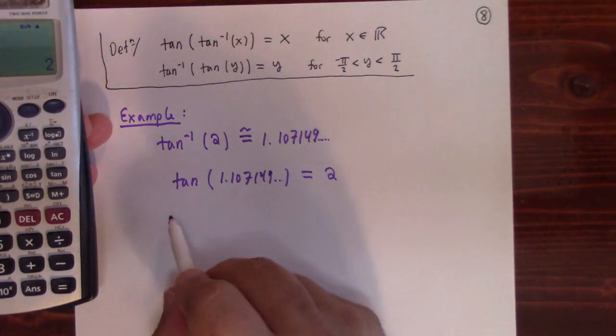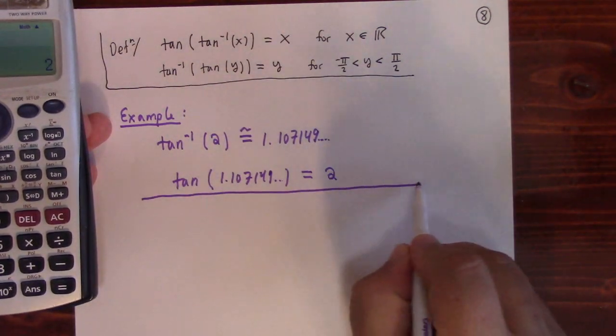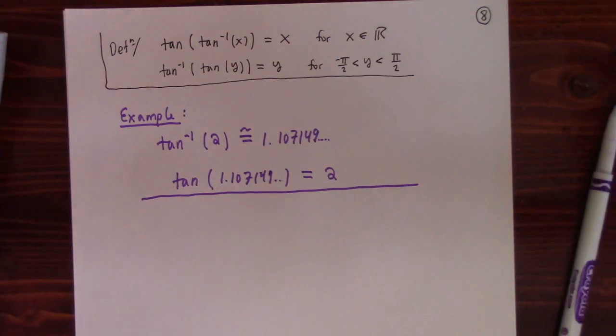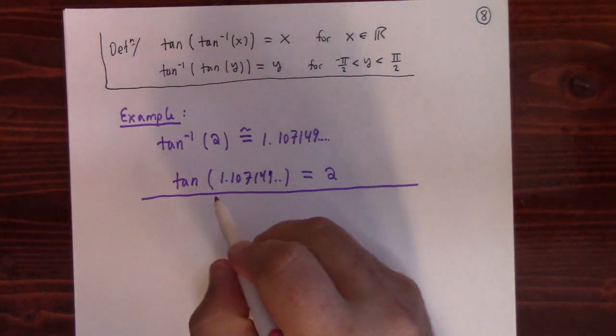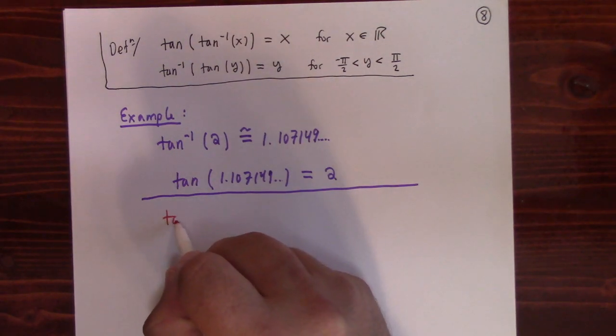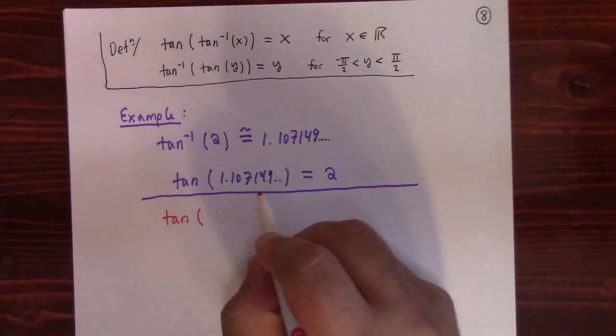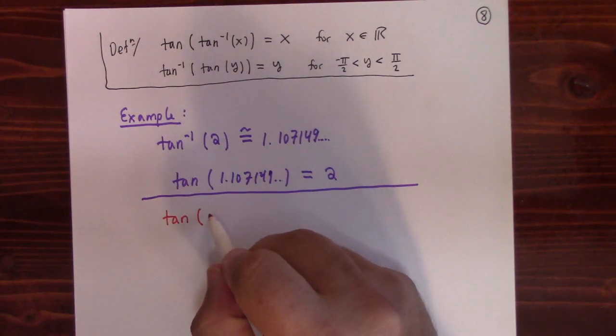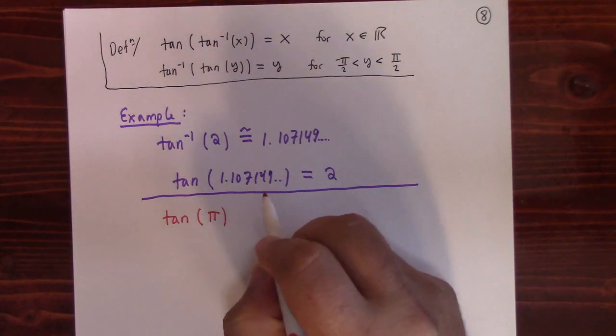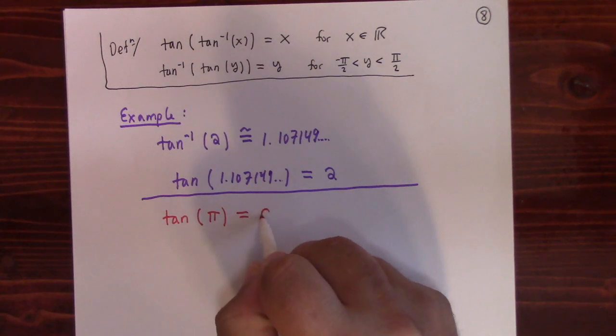Now let's try to get ourselves into some trouble here to end the lecture. How about this? The tangent of the tangent of pi. Well, we know what that is. Tangent of pi is equal to 0, right?